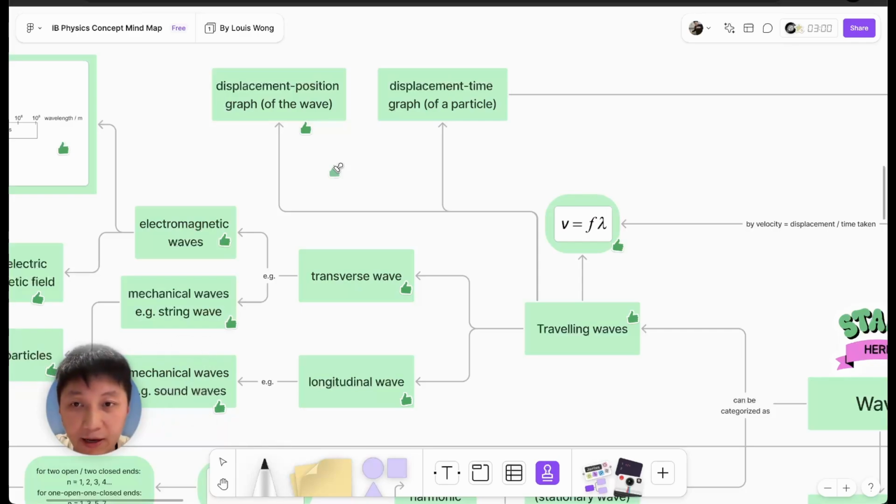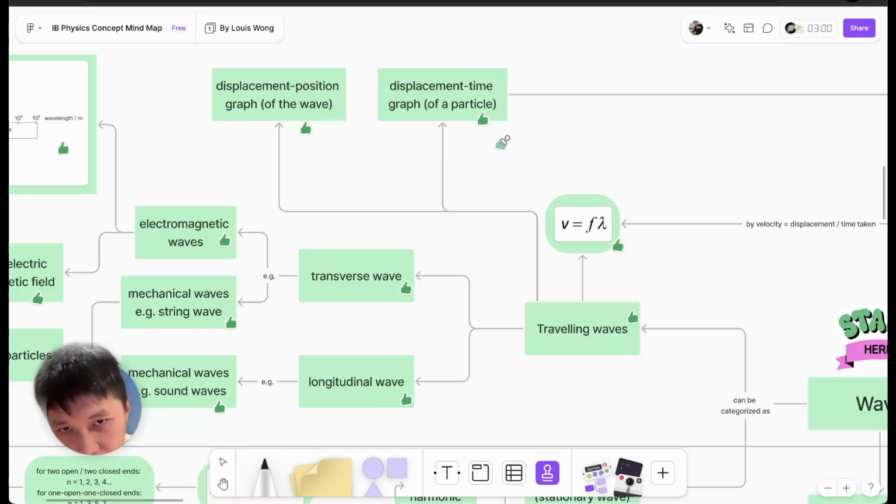Transverse wave would be something like that. And displacement position for longitudinal would be something more complicated, but essentially it still looks like a wave. It's just that the particles get compressed or more separated, which is the rarefaction you can find.